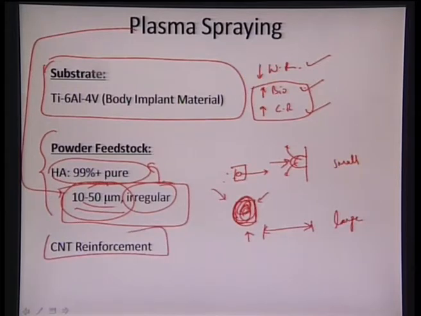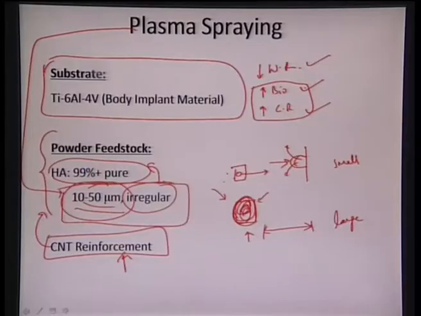Followed by it, we also need to disperse the carbon nanotube, because carbon nanotube is a very fine particle, like a fine tubular structure. Because of its very high surface area, they tend to be very unstable, and they tend to agglomerate with one another. So we need to disperse these carbon nanotubes in the hydroxyapatite matrix, so that we can utilize individual CNTs to extract their superior mechanical properties.